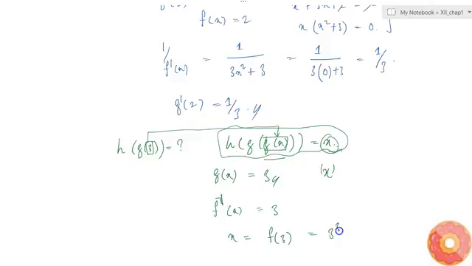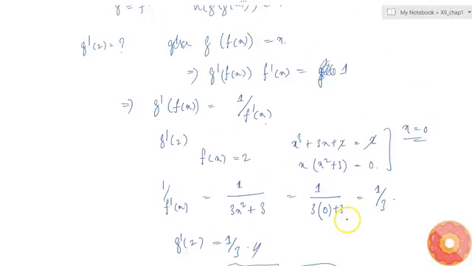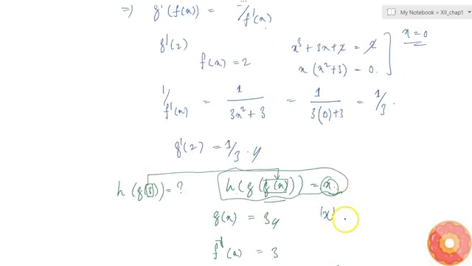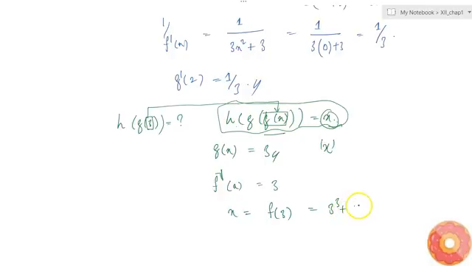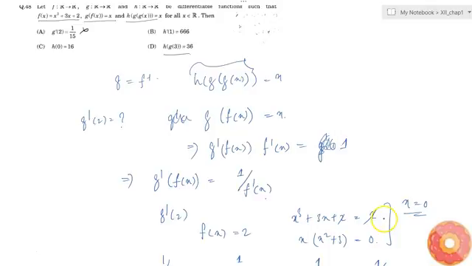The given function is x cube plus 3x plus 2, so this becomes 3 cube plus 3 into 3 plus 2, that is 27 plus 9 plus 2, which is 38. The given option needs it to be 36, so this is wrong.